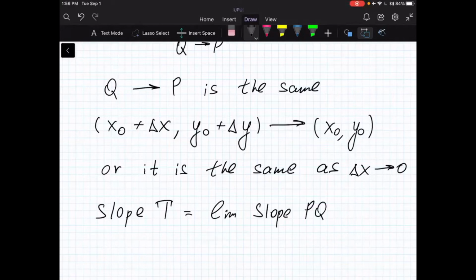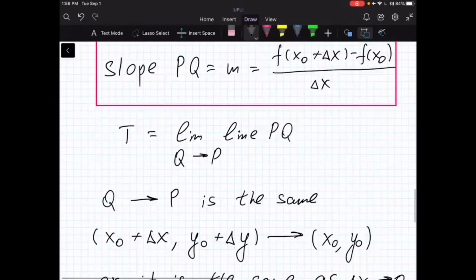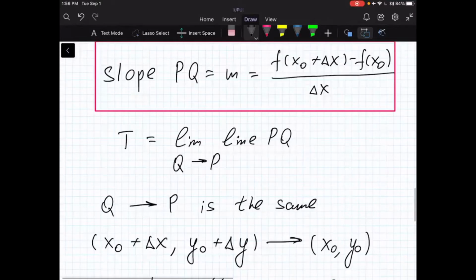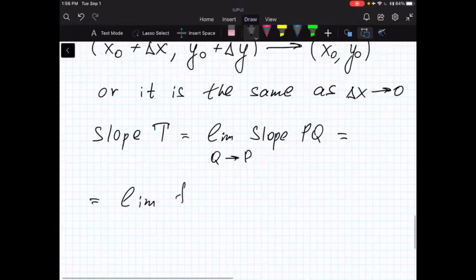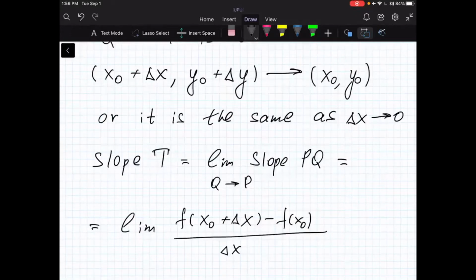But we calculated the slope for PQ. It is this, and I just rewrite it here: F of X naught plus delta X minus F of X naught, divided by delta X. And as we discussed, the condition Q goes to P is the same as delta X goes to 0.